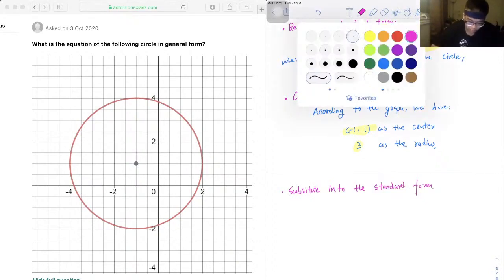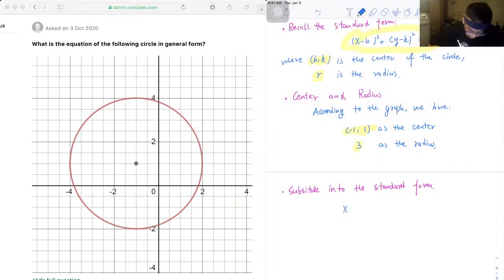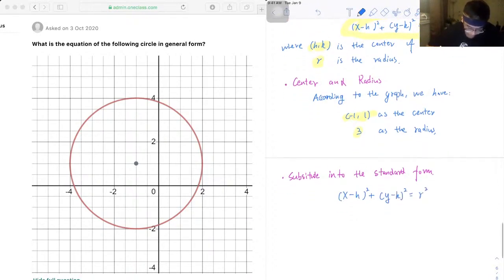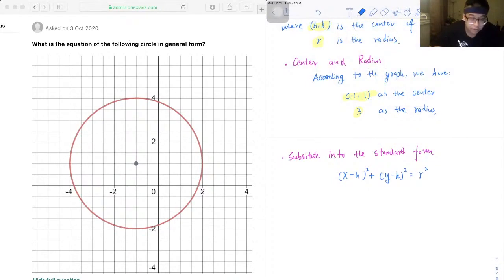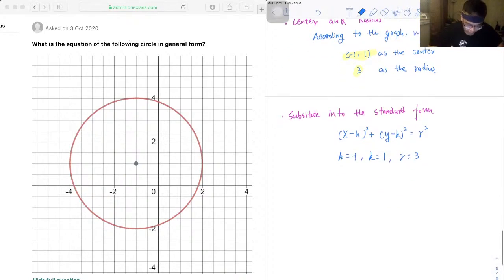Let's copy down the original formula: (x minus h) squared plus (y minus k) squared is equal to r squared. In our case, h will be negative 1, because h is the x coordinate, and k would be positive 1, which is our y coordinate of the center, and given the radius, r is equal to 3.